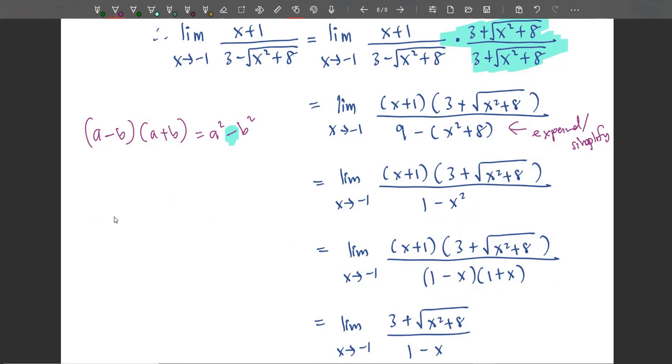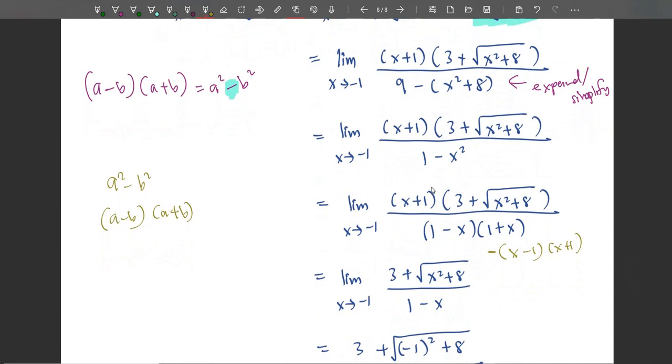Remember once again, this is the same as what I wrote earlier: a squared minus b squared is a minus b, a plus b. So please take note, a is 1, so 1 minus x, 1 plus x. If you want to write x minus 1, x plus 1, it is still true as long as you write negative at the front.